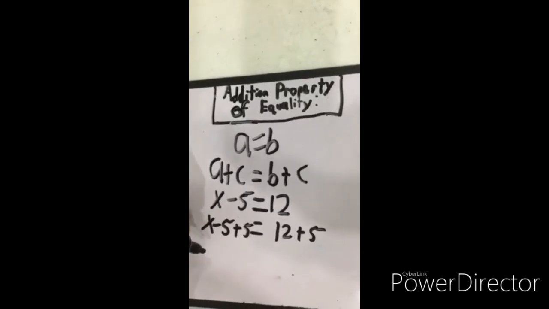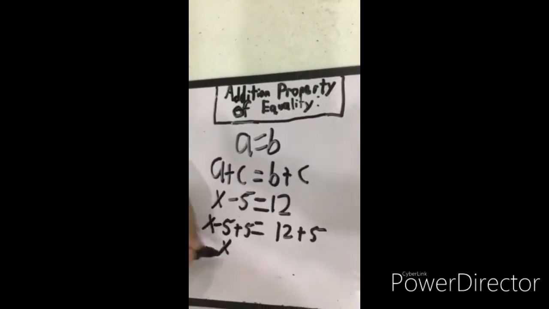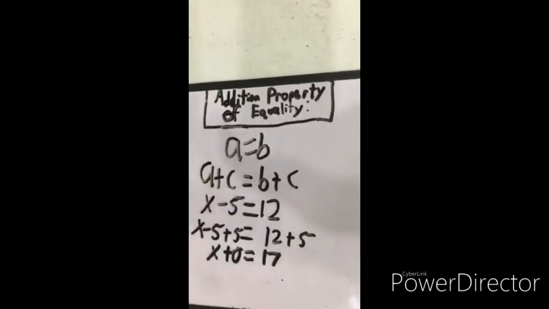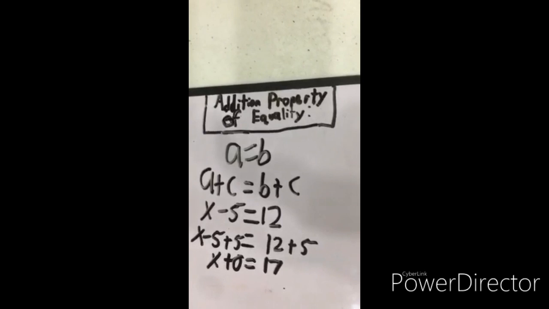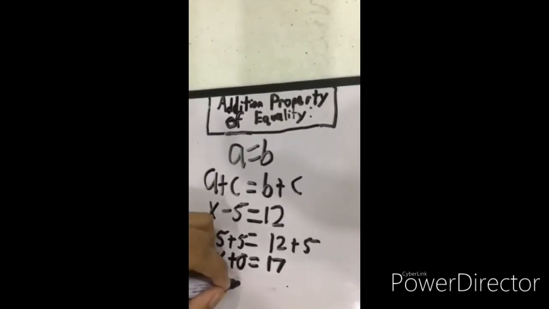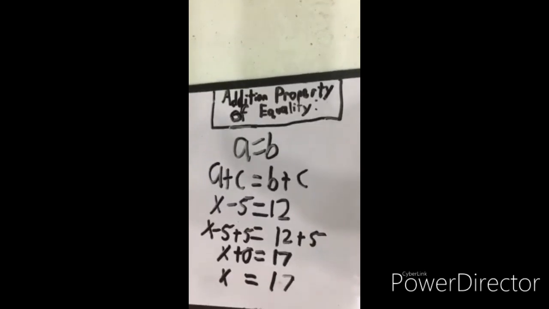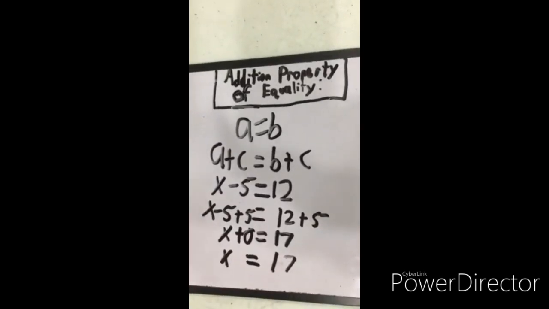So we have x plus 0 equals 17, leaving us x equals 17, and we were able to find the unknown.